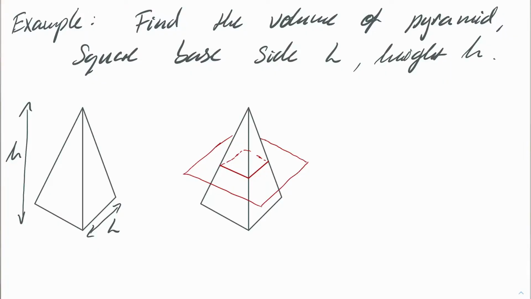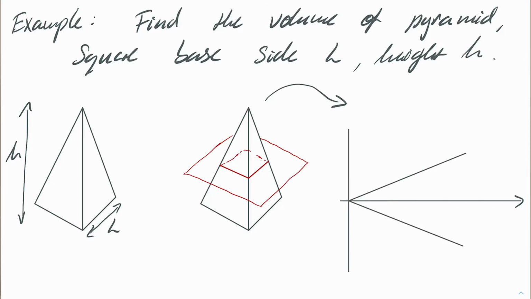In order to see this, let's try and coordinatize the problem as follows. I'm going to lay the pyramid on its side, where x is going to measure the length from the tip of the pyramid towards the base.